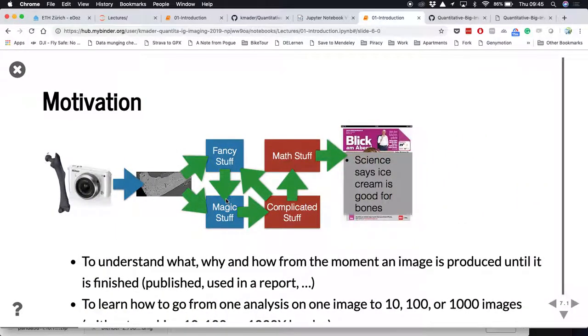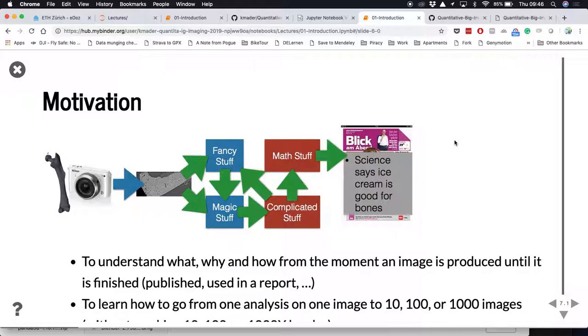So in terms of motivation, the broad motivation for the course is this diagram here. You have, for example, a bone, you take an image of it, you do all of these magic steps in between, and then you have this article that says science says ice cream is good for bones.